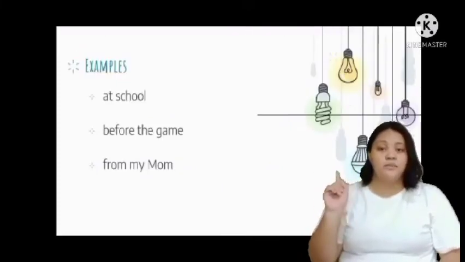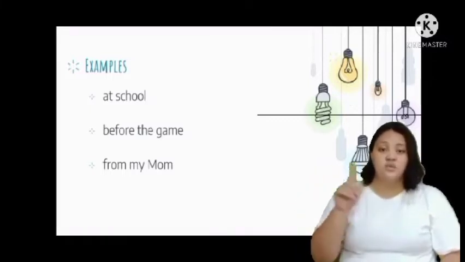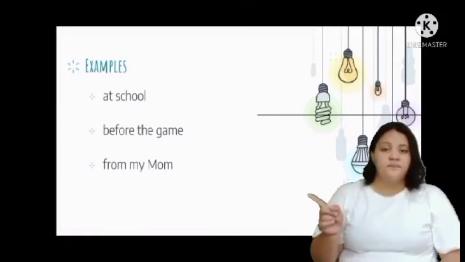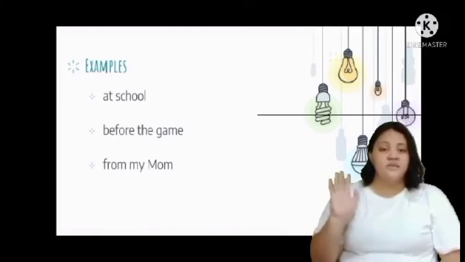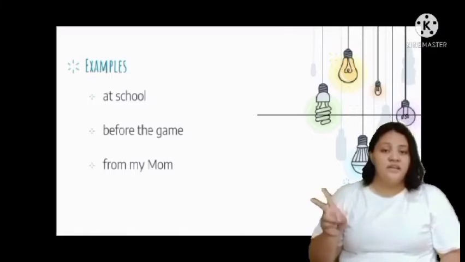Remember though that not all prepositional phrases have to have a modifier, like in this example, "at school." At is the preposition, while school is the object. See that there are no modifiers modifying school, which is the object. But in the next two examples, they are completely equipped with all the factors used in making a prepositional phrase: first the preposition, then the object, and then the modifier.